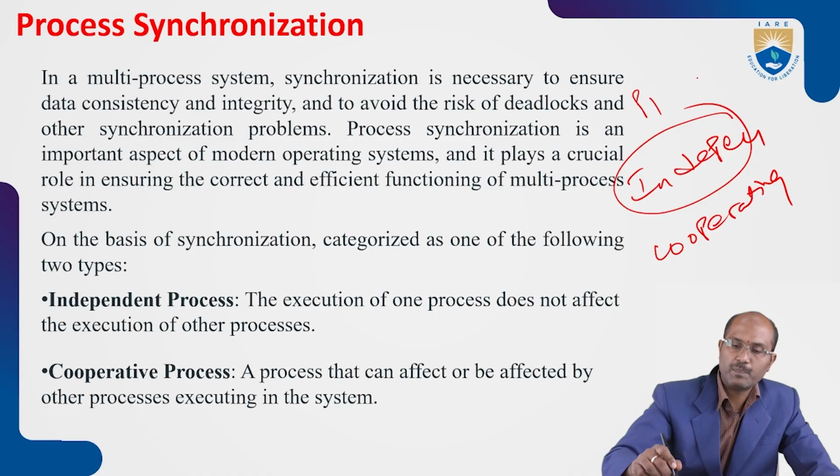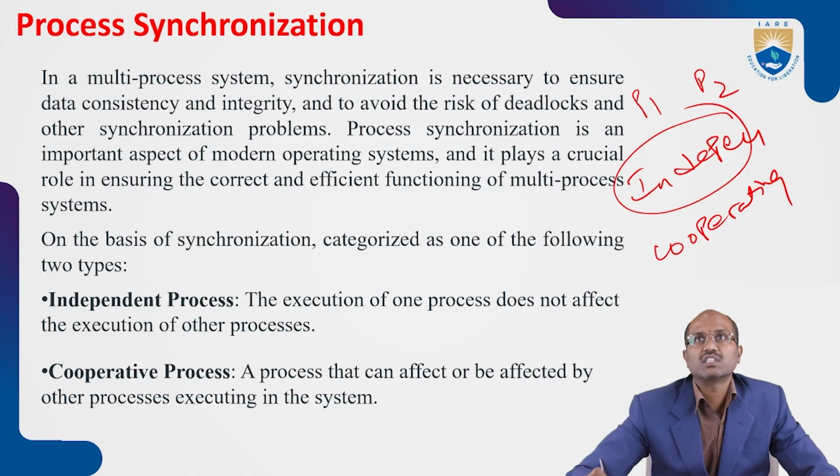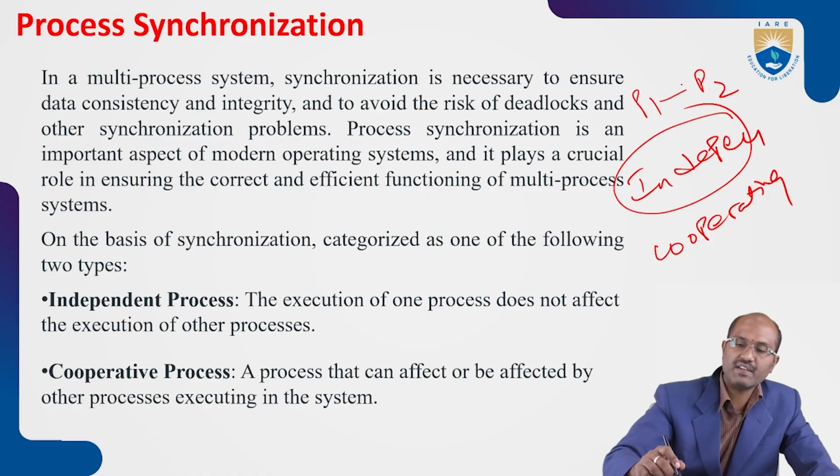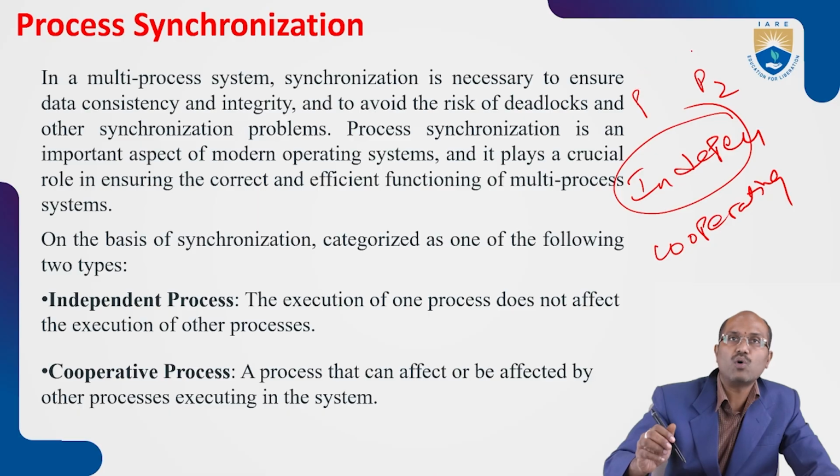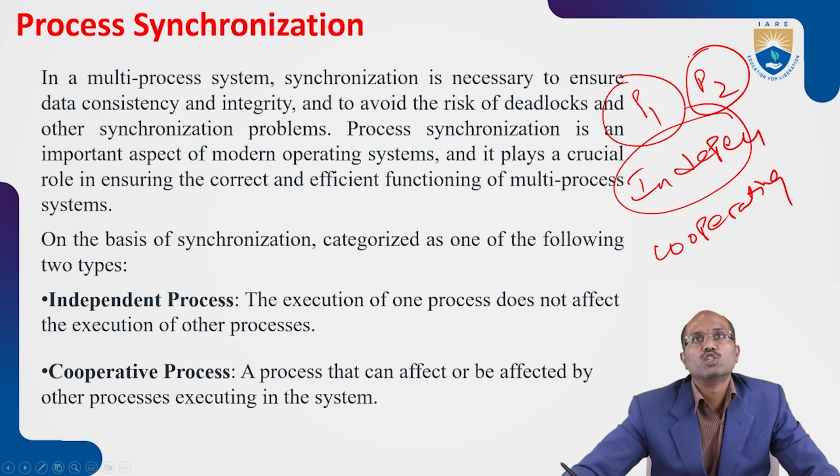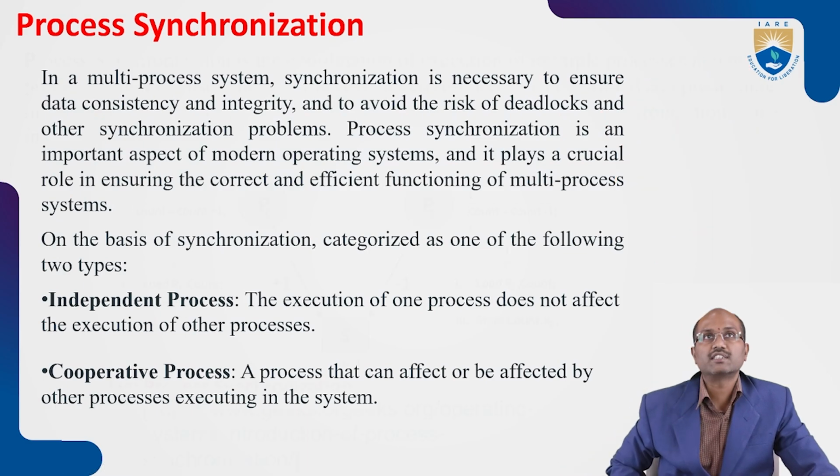So if P1 and P2 do not affect any other process, they are independent. Cooperating means a process can affect or be affected by the other, so P1 affects P2 and P2 affects P1. If they do not affect each other, P1 is different and P2 is different, and we call them independent processes.